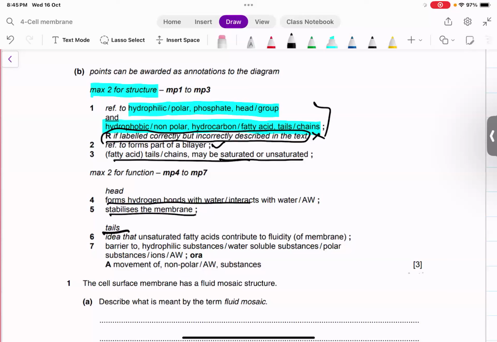And tails, idea that unsaturated fatty acid contribute to fluidity. We don't need to exactly write about directly the fluidity here. We can simply write the hydrophobic barrier, which is provided by the non-polar tail. So that would be just enough, because this is for 3 marks.